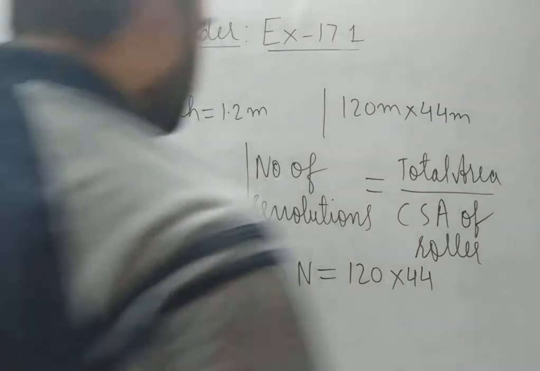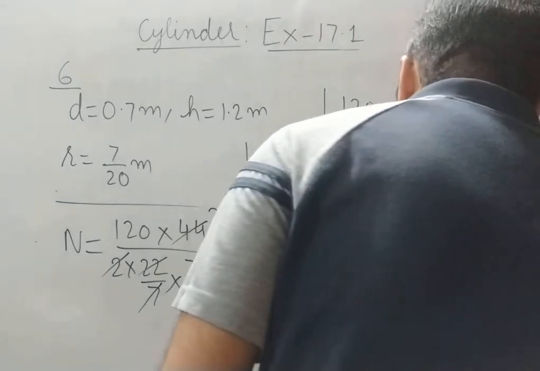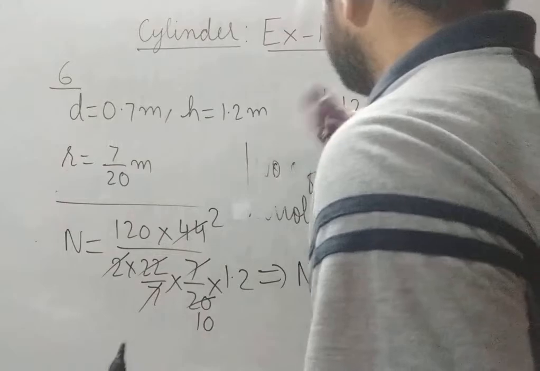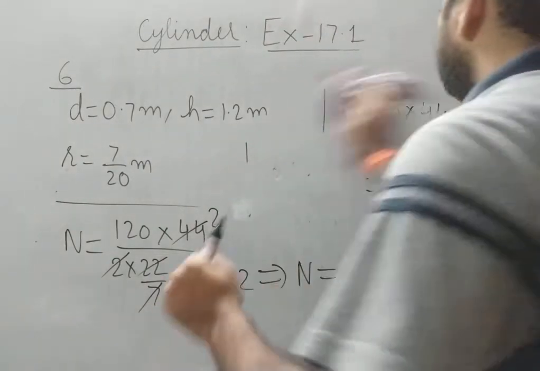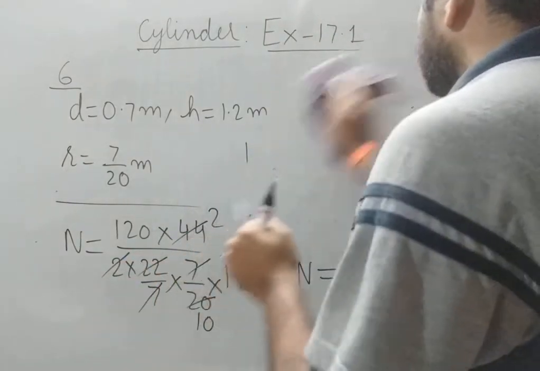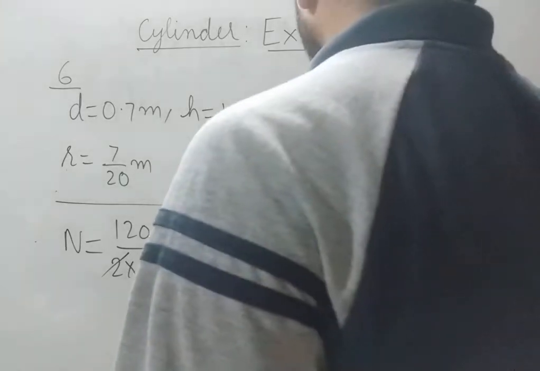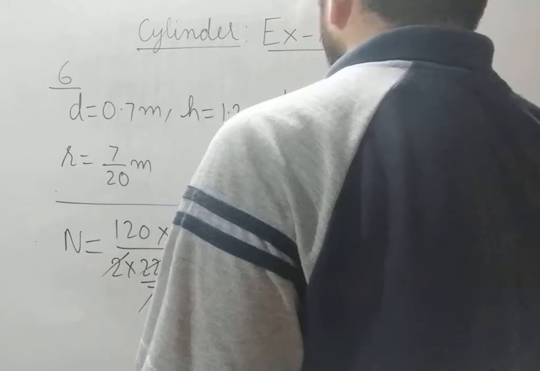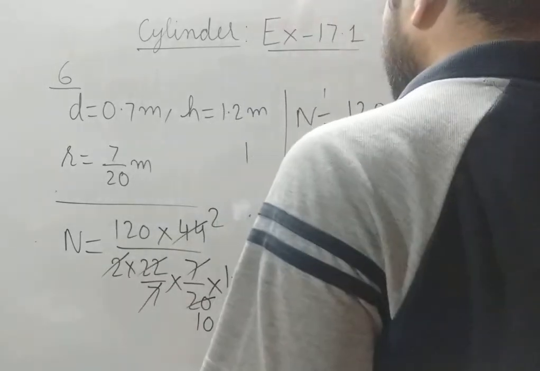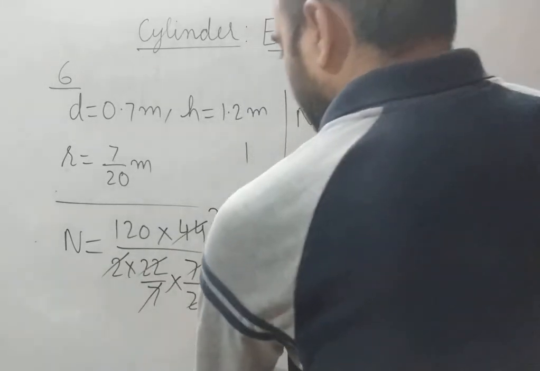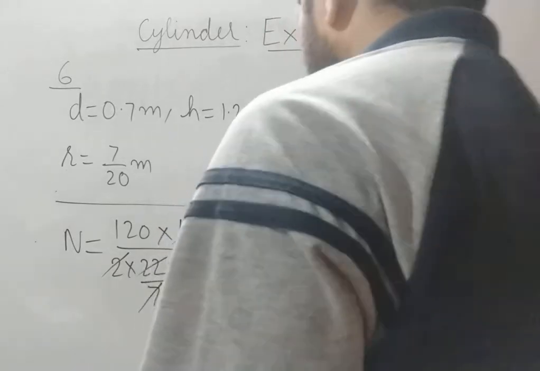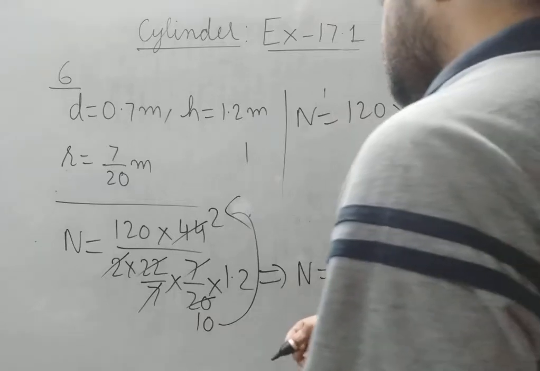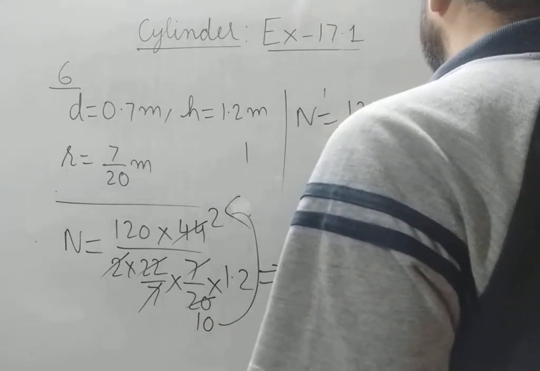So 120 into, what is left? 10 will be in numerator, that is 2 into 10, that is 20, upon 1.2.